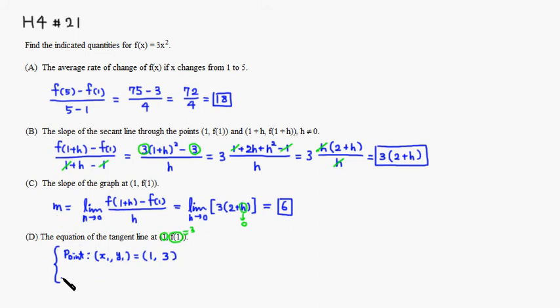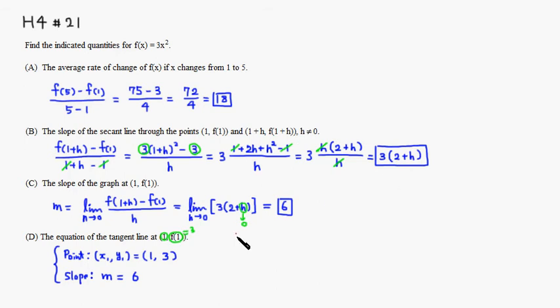Then we need to find the slope, and we usually use lowercase m for the slope. The slope we just found in part C is 6, so we can use that. Then remember that there's a point-slope form.